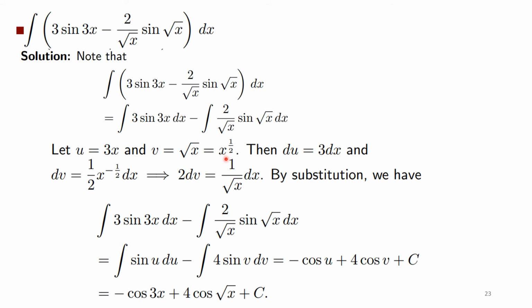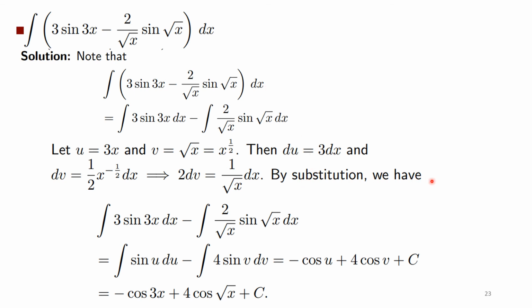So the derivative will now be 1/2 times x to the n minus 1. You subtract, so 1/2 minus 1 gives negative 1/2 dx. Or you can rewrite this as 2 dv equals 1 over square root of x dx. Why do we do that? Because we actually have here your 1 over square root of x dx.